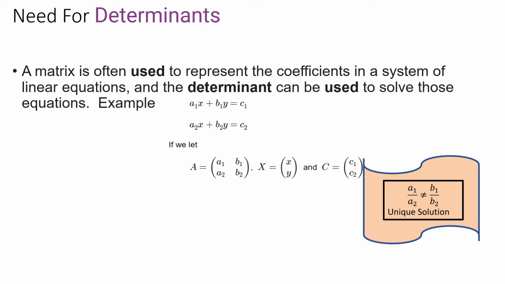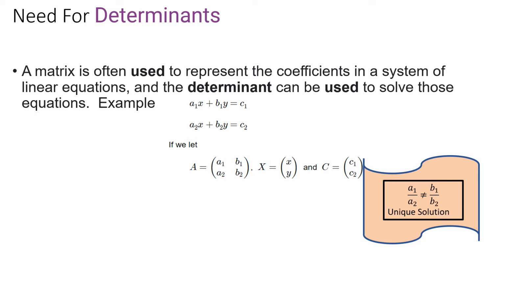Now, what is the need for determinants? You have already studied in class 10th the linear equations a1x plus b1y equal to c1 and a2x plus b2y equal to c2. These have a solution only if a1 by a2 is not equal to b1 by b2. And where are these a1, a2, b1, b2 coming from? These are the coefficients of x and y in the linear equations.